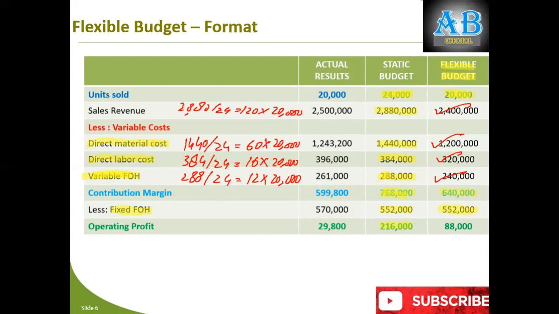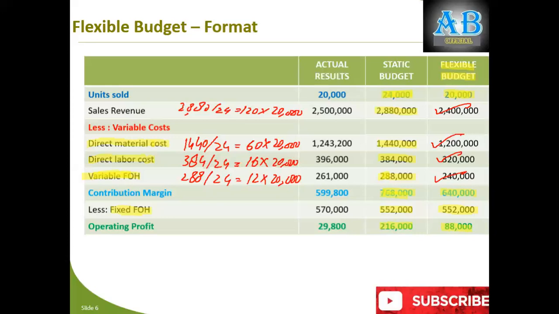Okay, so fixed cost remains same, but all your variable cost and your sales revenue will be changed according to the activity level, and then you will calculate your operating profit like we have calculated here. So this is the way how to prepare the flexible budget.